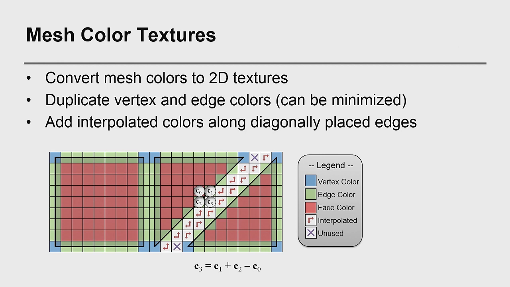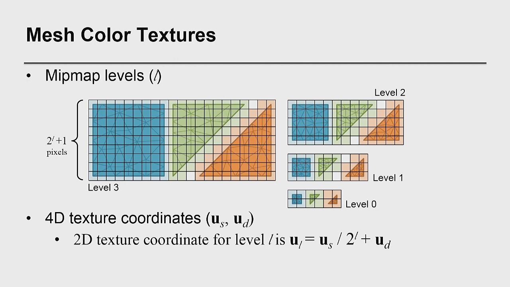You need to be a little careful about diagonally placed edges. You need to make sure that texture filtering would give you the correct result, but that can be handled very, very easily. You can have mip-map levels, just like regular 2D textures.